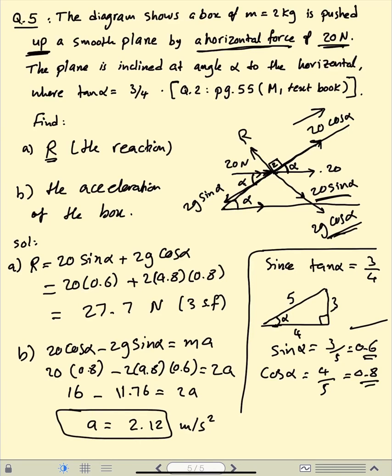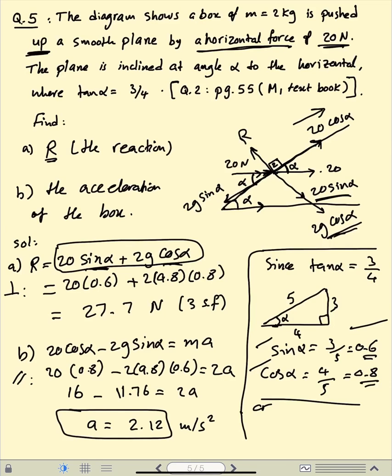All right, my dear students, when you write the equations of motion perpendicular to the plane and parallel to the plane, write them like this. Make sure you find sine alpha and cosine alpha from the question; they are not given, but easy to calculate.